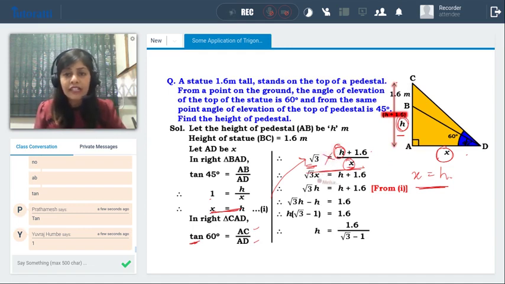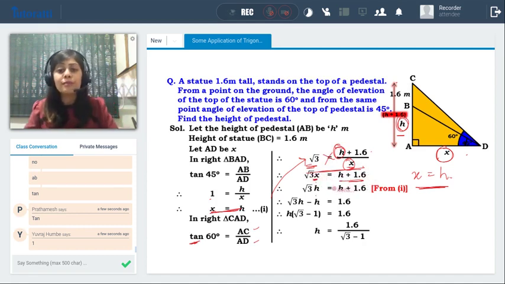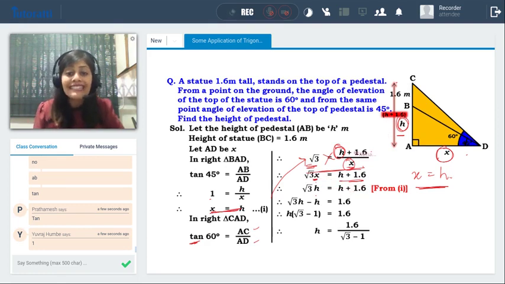Now that's it. First, we cross multiply. So root 3 X is H plus 1.6. Time to replace X with H. So root 3 H is H plus 1.6. Students, pay attention. Basic algebra rules follow. Similar quantities go on the same side of the equation. Shift this H to the other side. Plus on one side becomes minus on the other, equal to 1.6.